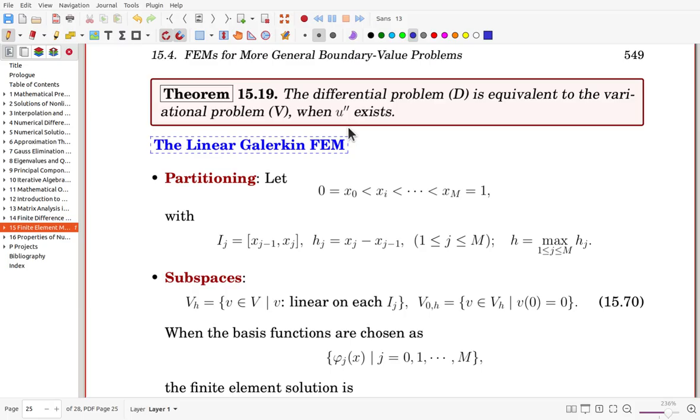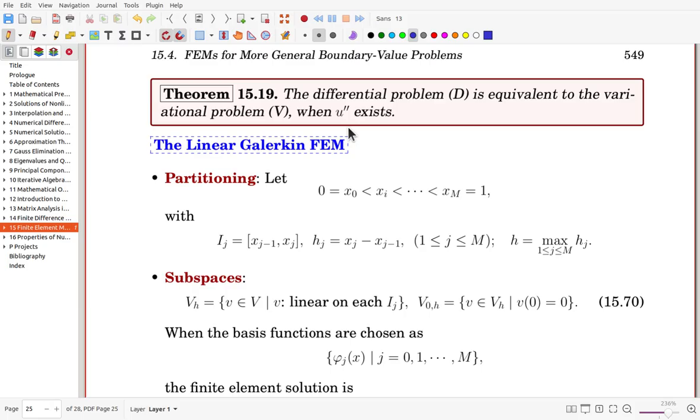Now, once we know the differential problem and variational problems are the same, and also maybe you may consider the minimization problem, so that they all are equivalent, they admit a unique solution when some conditions are satisfied. We assume that's done. Now, from this variational problem, we'll try to introduce the finite element method.